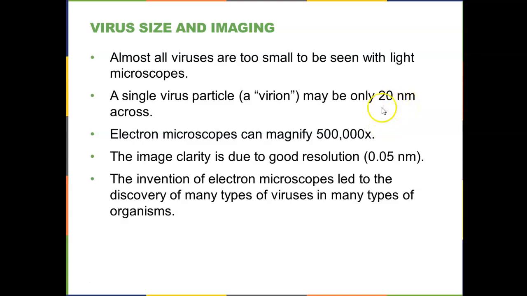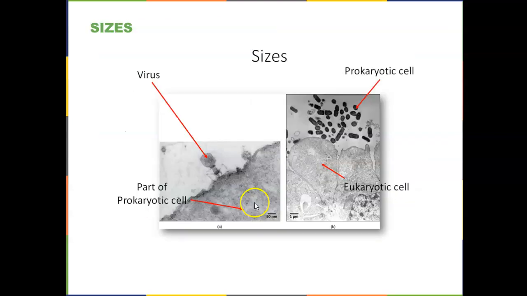So an order of magnitude bigger to 2 orders of magnitude bigger than these things. All right. So electron microscopes have allowed us to actually see viruses, which was not possible before.